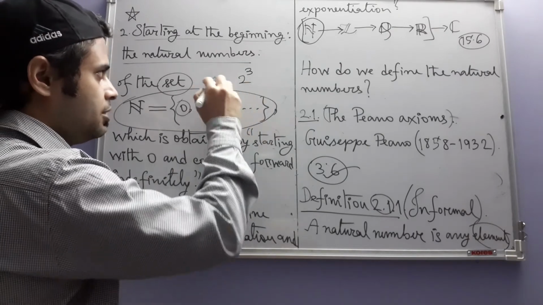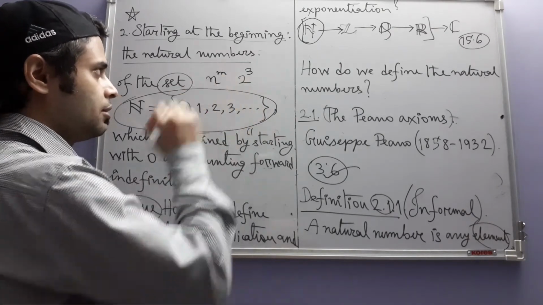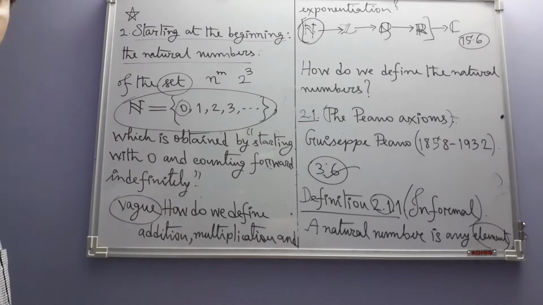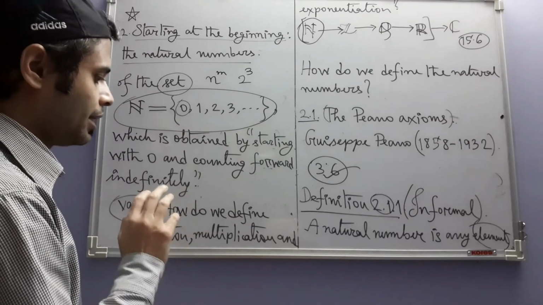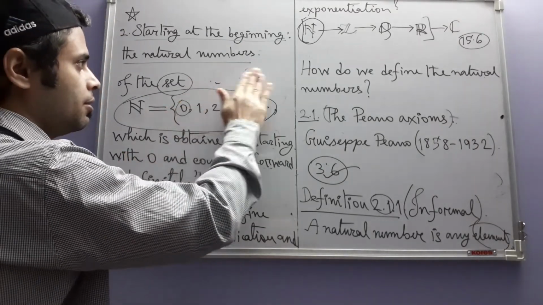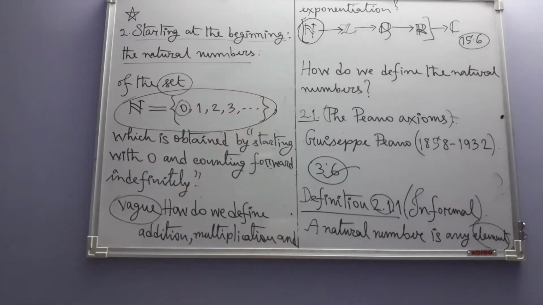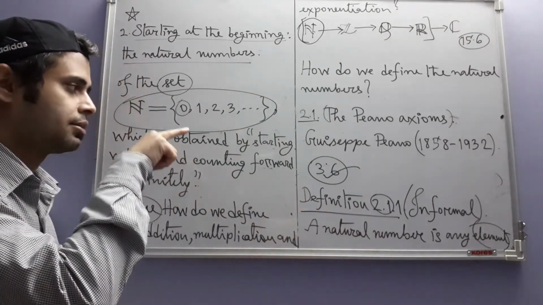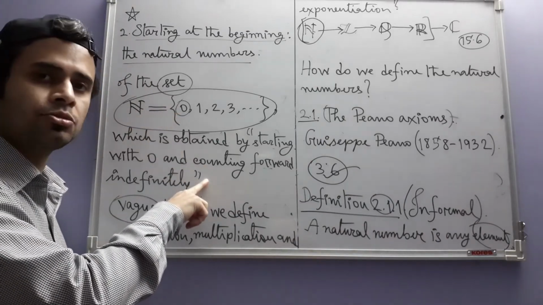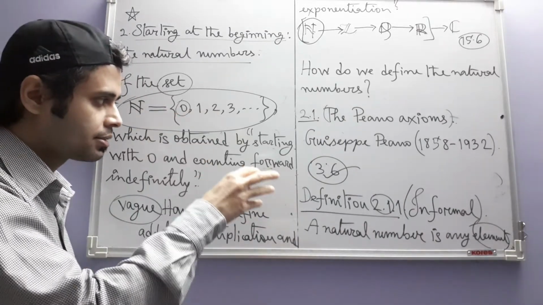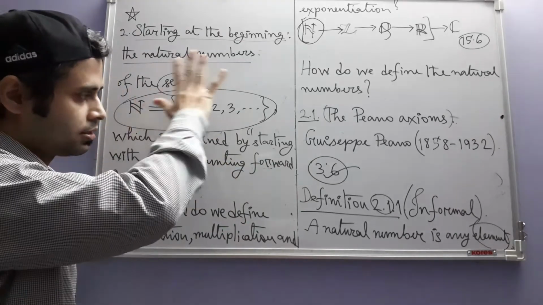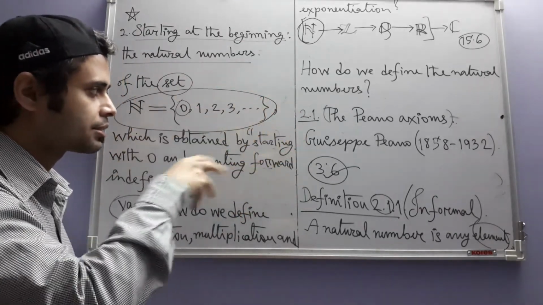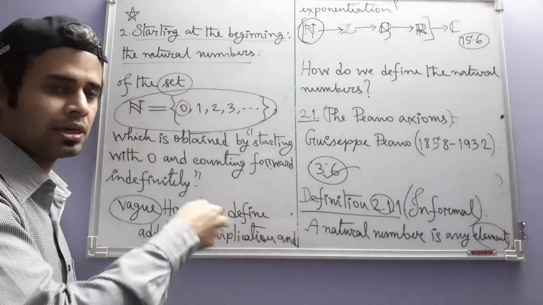So in general, someone may ask what is n to the power m, where n and m are natural numbers. That sort of thing we are asking. Now we can see this definition has actually led us nowhere. It has shown that the simple way of just saying vaguely, this is the set of natural numbers, is not enough.